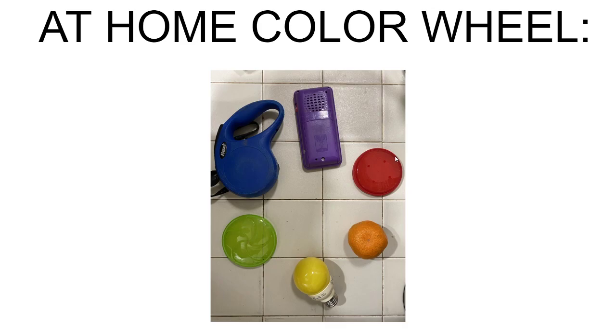I want you to collect the items from around your house. Don't take anything you're not supposed to have. Ask your mom and dad if you can move it, and be sure to put them away when you're done. But I want you guys to go and construct your own color wheel with primary colors, red, blue, yellow, and secondary colors, purple, orange, green.